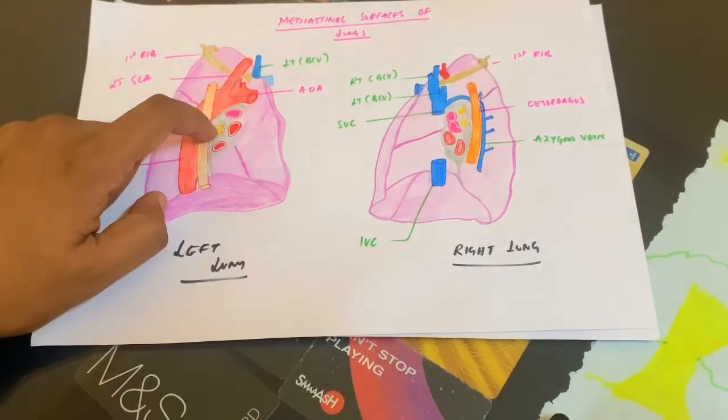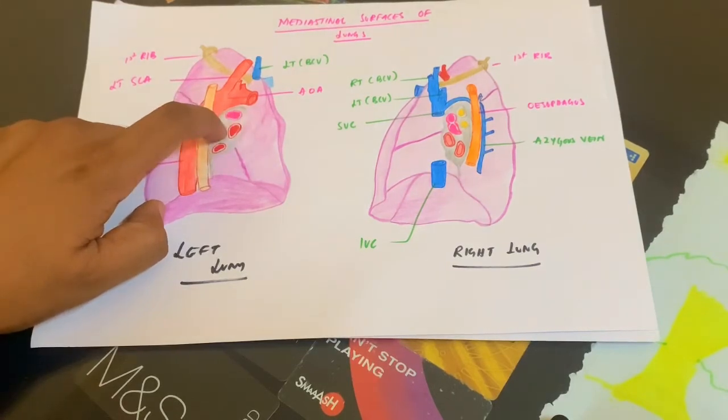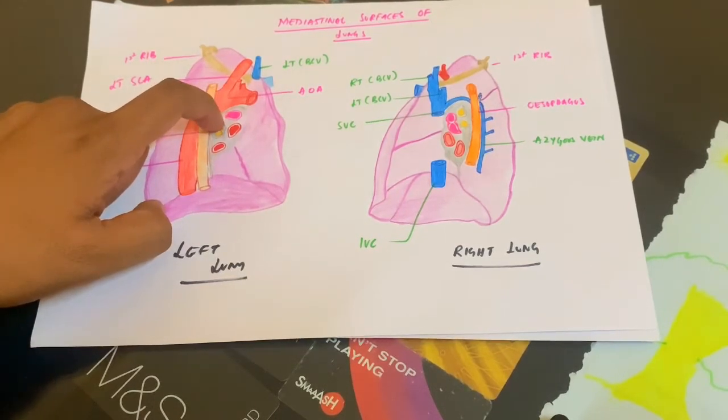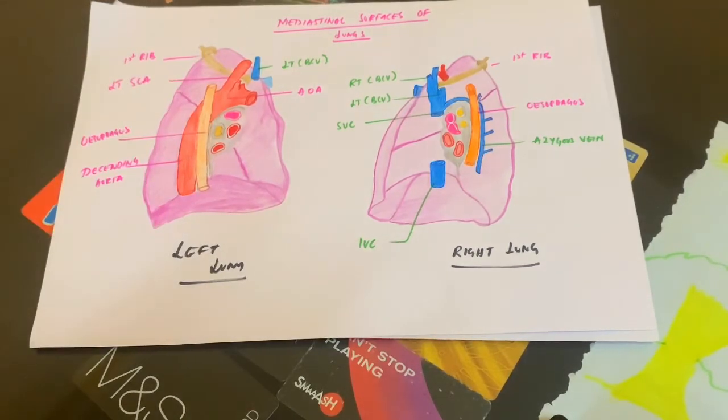Clear? The principal bronchus. So vein, artery, bronchus from anterior to posterior. From above downwards, you will have the artery, then the bronchus, then the vein. So this is the order of the arrangement.